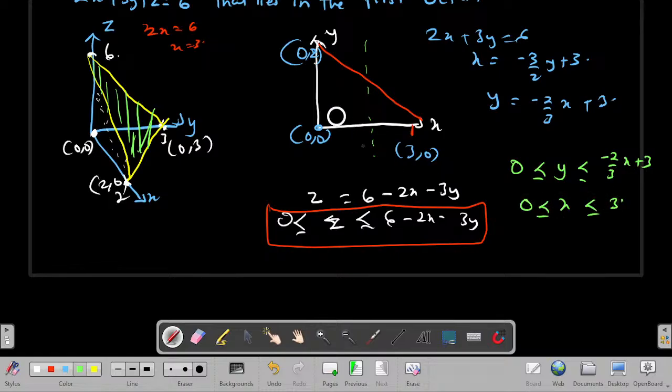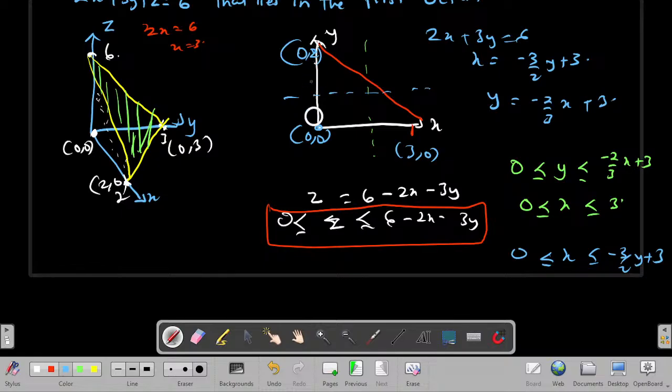Or we could have sliced through in the other direction. That will also give us something different. If I had sliced through this, it's supposed to give the same result, but it means I'm moving parallel to my x. In moving parallel to my x, you can see that I'm starting from 0, that is x equals 0, to hit here, x equals negative 3 over 2y plus 3. So x will be greater than or equal to 0, but less than or equal to negative 3 over 2y plus 3.